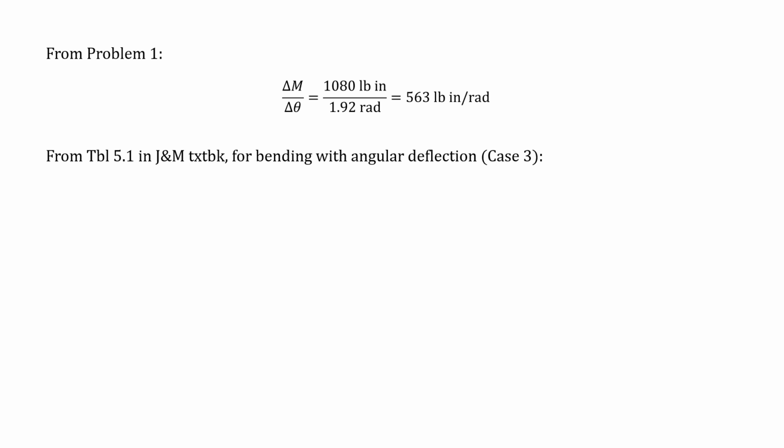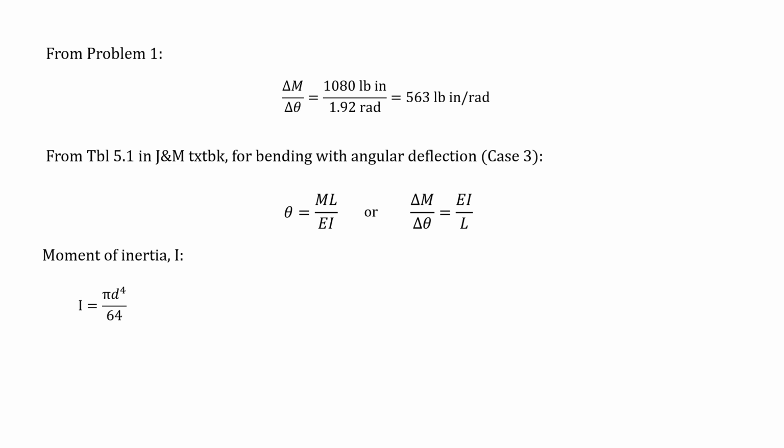And if you look at table 5.1 for bending with angular deflection, which is what we're working with because we're working in degrees or radians, this is case 3. In that table, we have these expressions here. It's very similar to what we were doing in problem 1, except it's a little bit of a different case. So your theta is just your moment times your length over EI. So your moment of inertia, I, we're using the one for a circle once again.